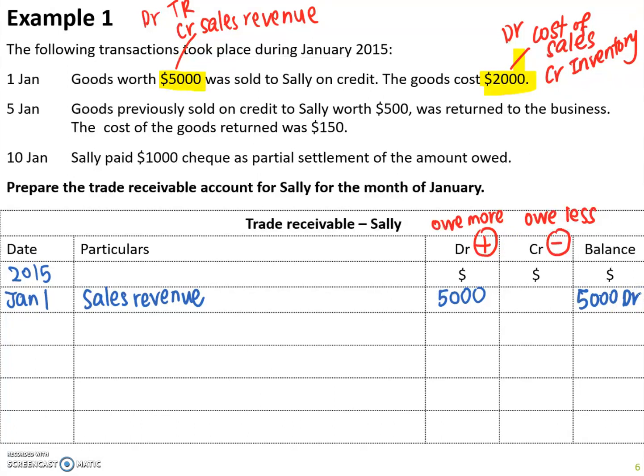Then on 5th Jan, okay, the goods previously sold on credit to Sally, which was worth $500, was returned to the business. And the cost of the goods returned was $150. So you can see that in this case, there are two figures again, $500 and $150. What would the journal entry be in this case? Okay, this is actually the sales returns.